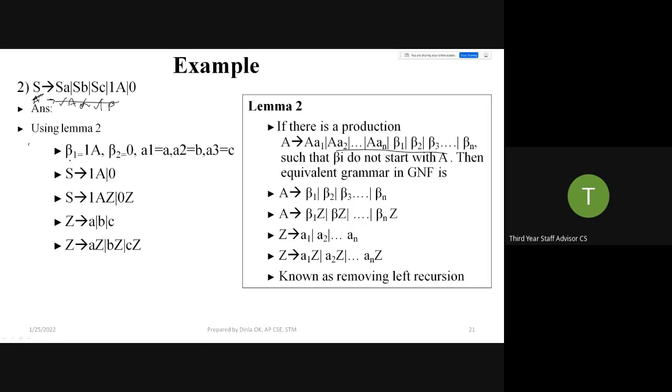If we have left recursion, we have to eliminate it by introducing a new non-terminal.